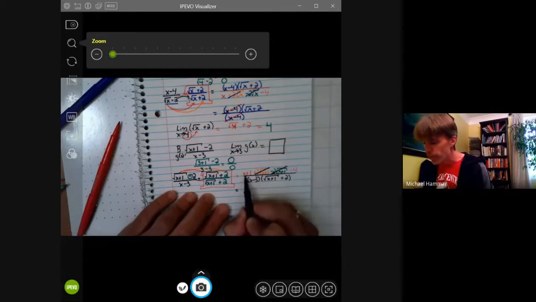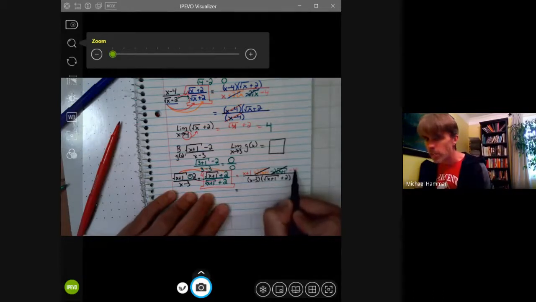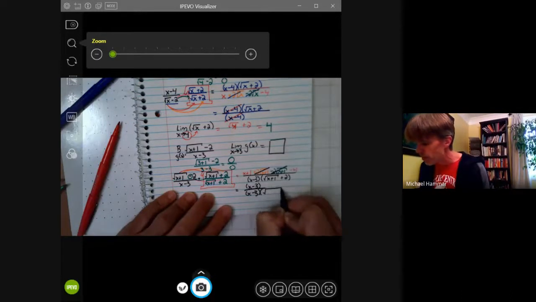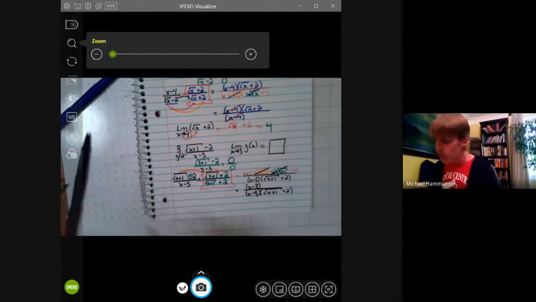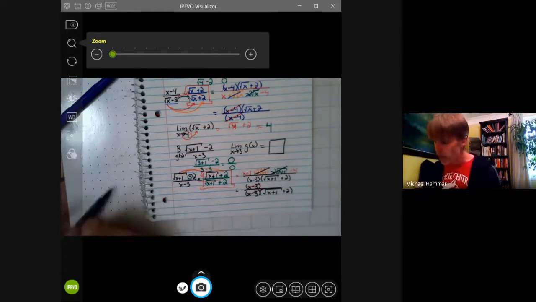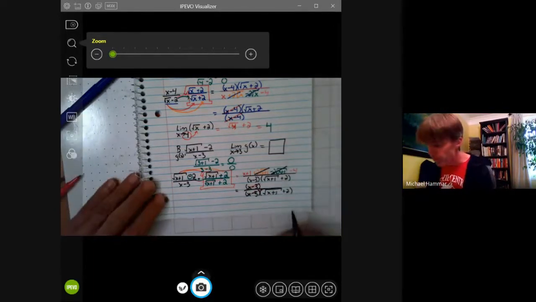And also notice we have x plus 1 minus 4. So that's going to be x minus 3. And notice in the denominator, we have x minus 3 times the square root of x plus 1 plus 2. So if you did this correctly, that x minus 3 part should cancel out.